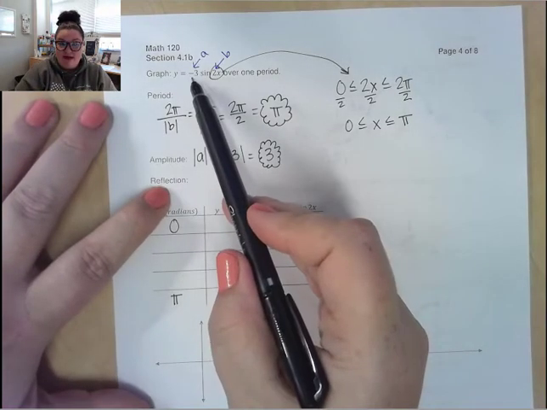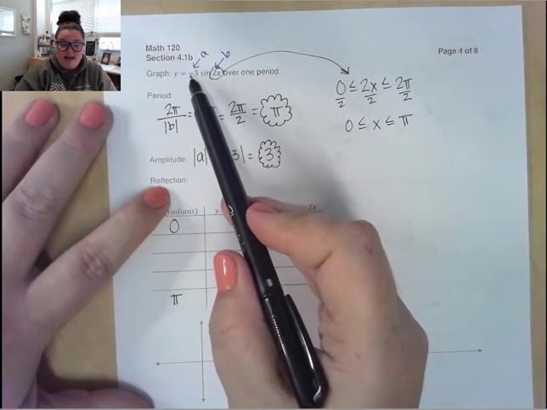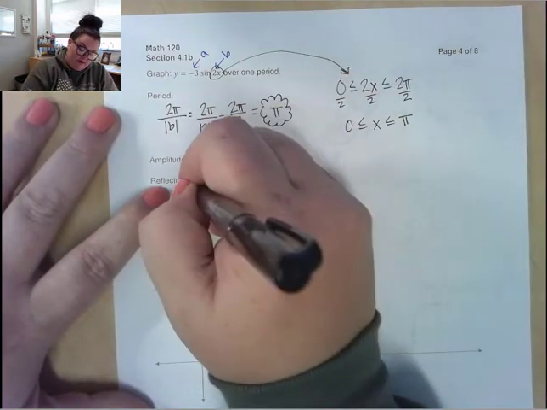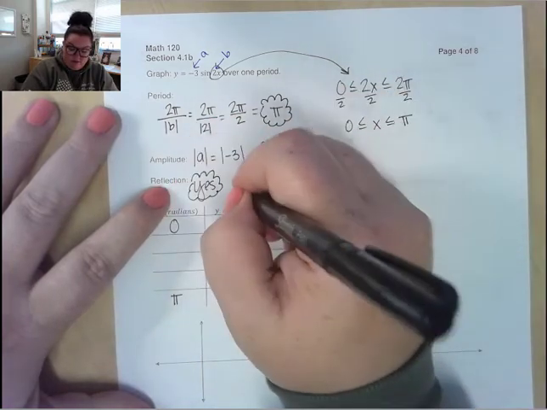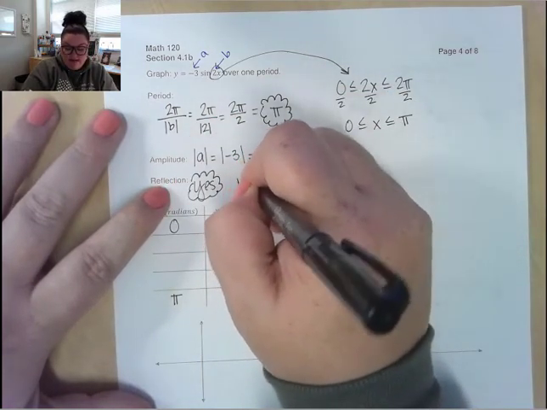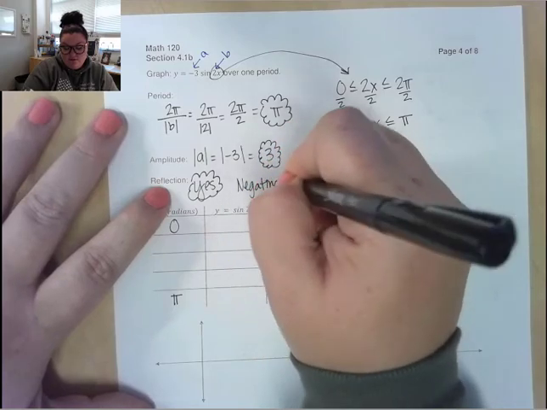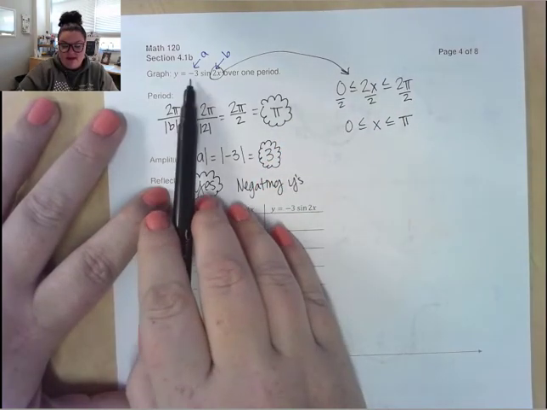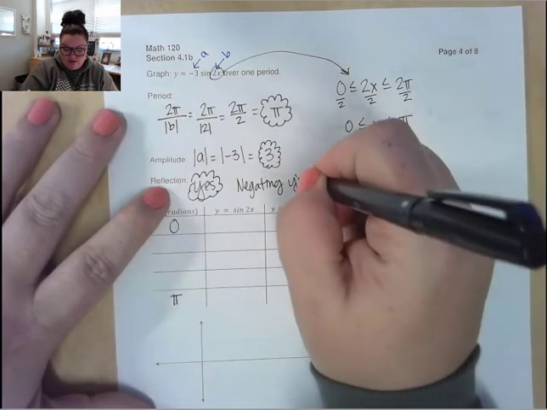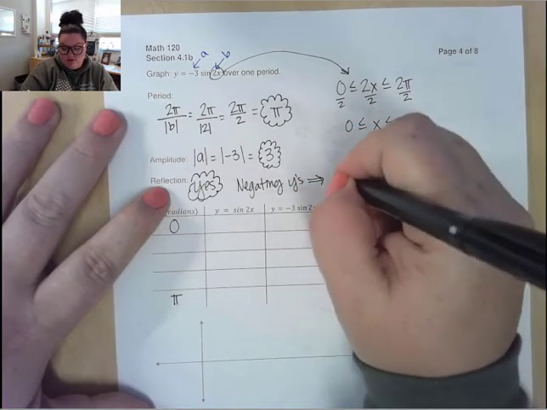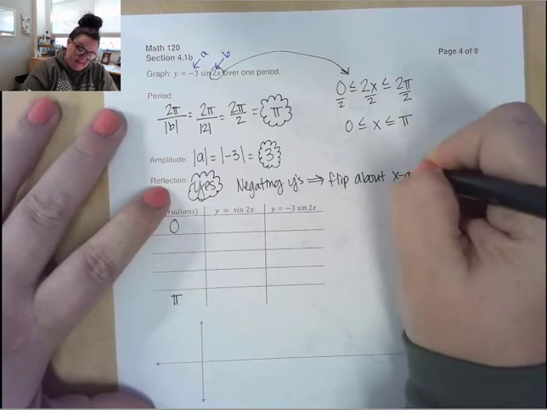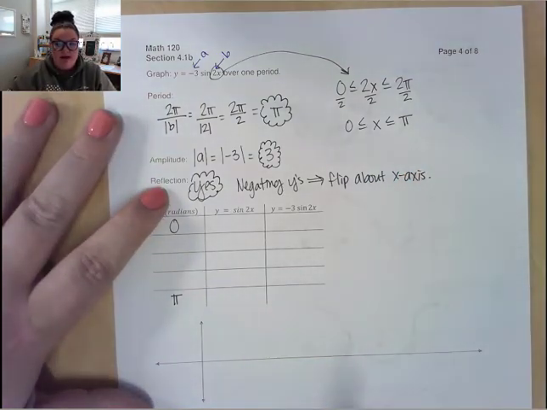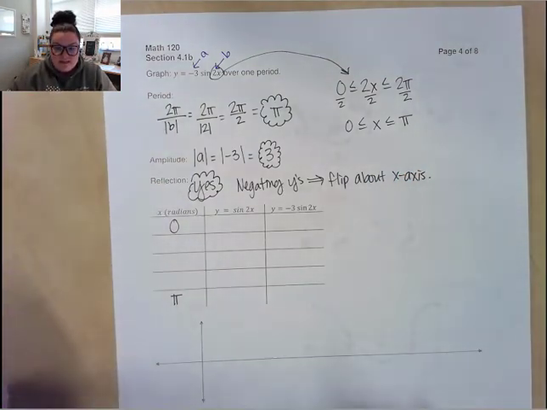Yes, I should have a reflection because I see that negative out front. The way that I know is that we are negating the y's, because we have that negative outside the function, which means it's going to flip about the x-axis.